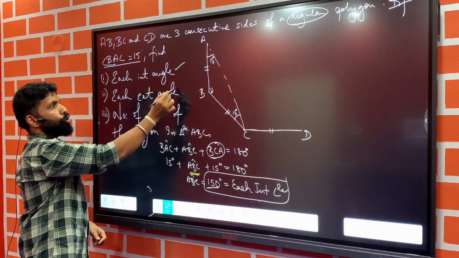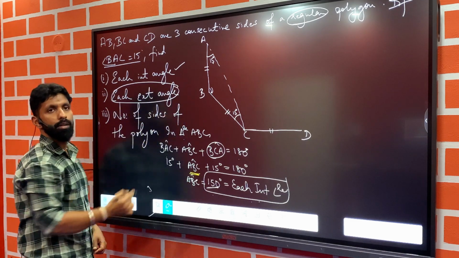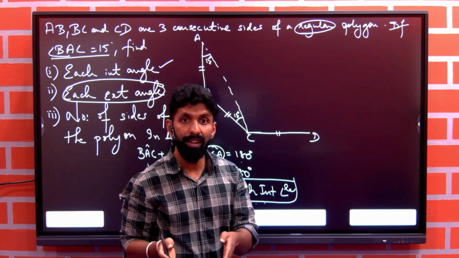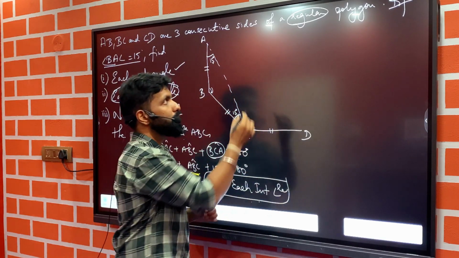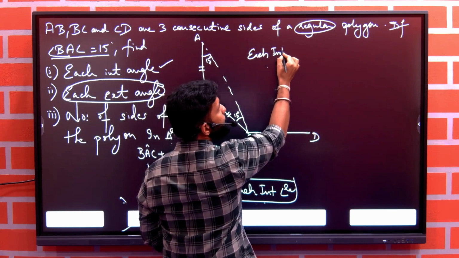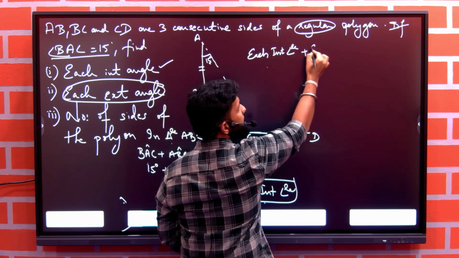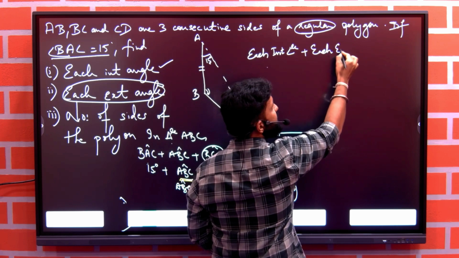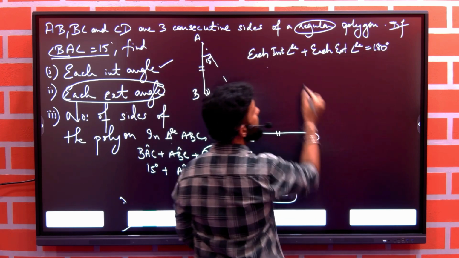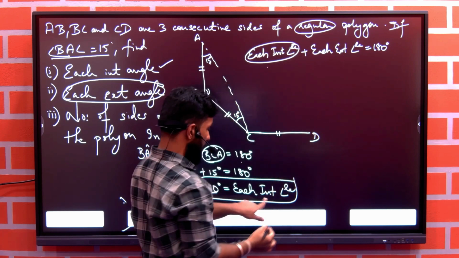Yes. How to find each exterior angle? Now we had a very easy link between each interior angle and each exterior angle. What was that link? Each interior angle plus each exterior angle is equal to 180 degrees. We know this value 150.